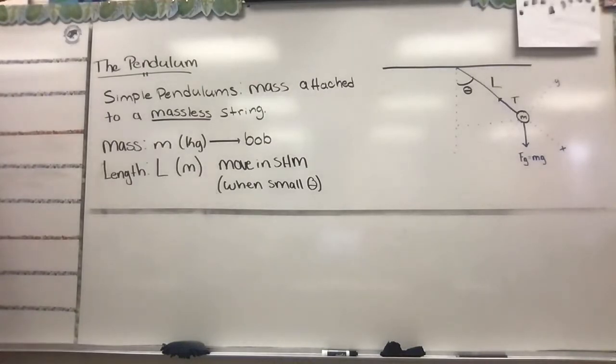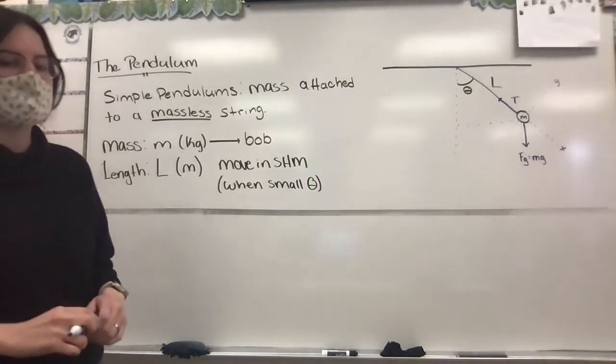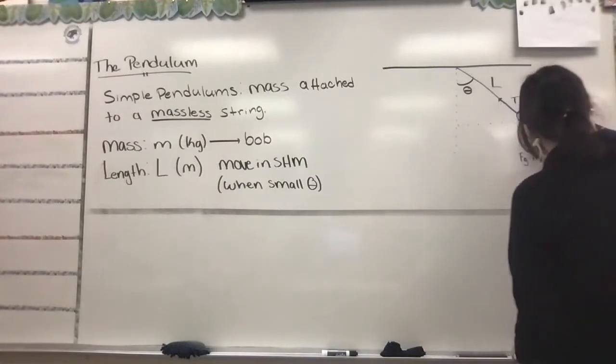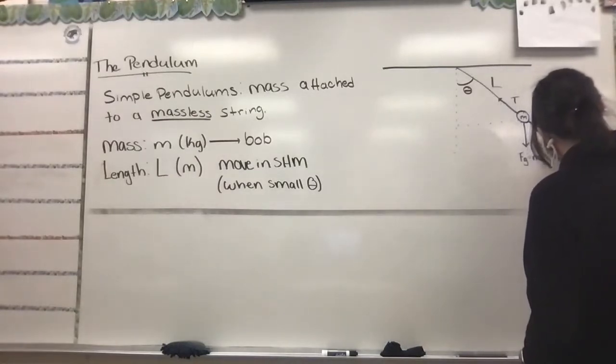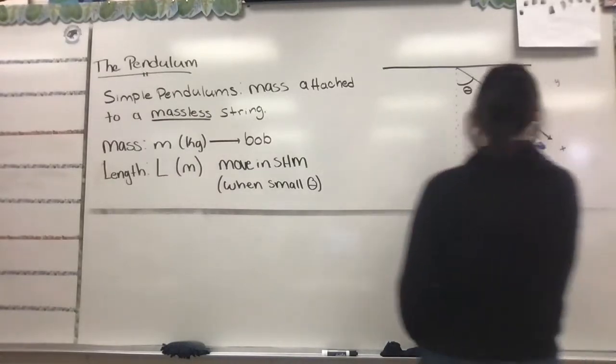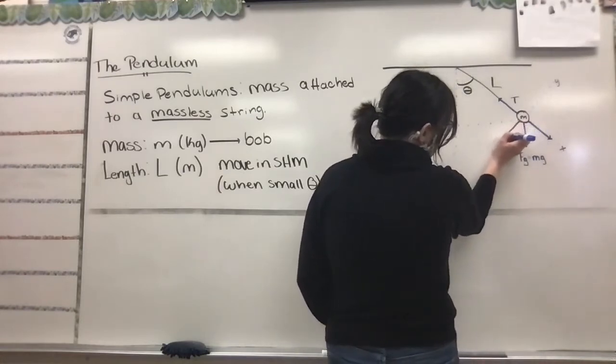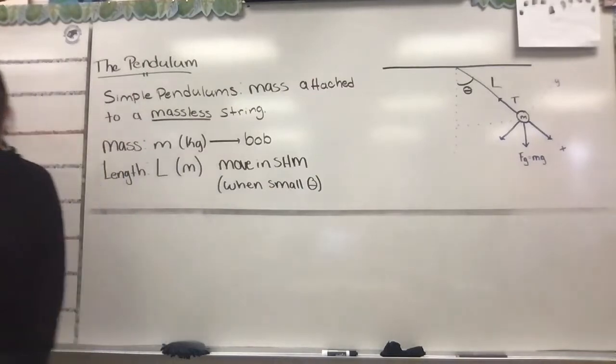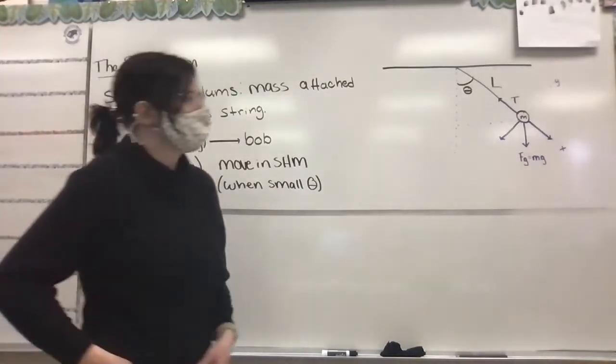Okay. What about gravity? The force due to gravity, is that all in one direction? No, we've got two, okay? So we have the force of gravity in the x direction, and we have the force of gravity in the y direction. This is when theta comes into play, okay?